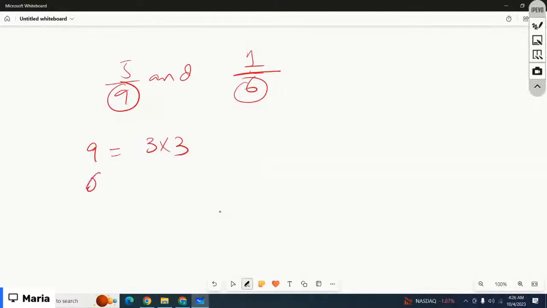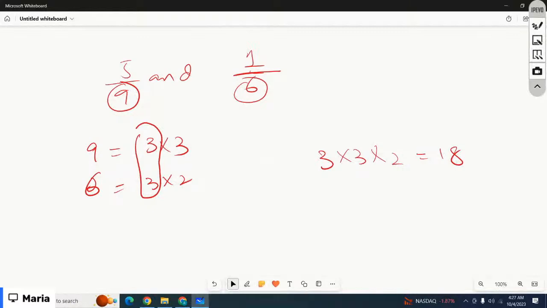The prime factors of 6 are 3 times 2. Here is the common factor. You can write the common factor only once, right? And then the non-common factors are 3 and 2. So that would be 3 times 3 is 9 and 9 times 2 is 18. So the least common denominator LCD for 9 and 6 is 18, right?